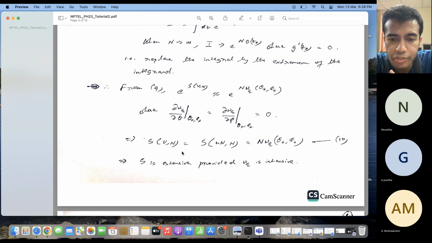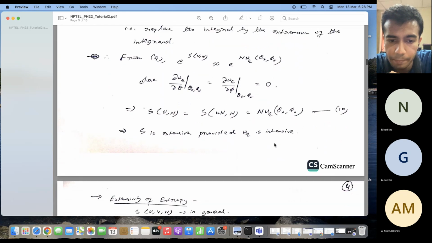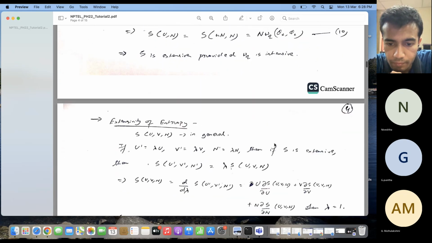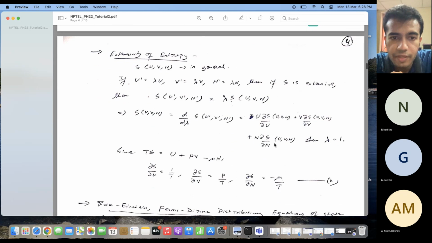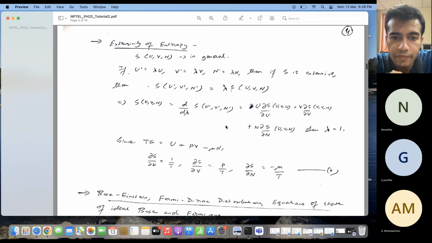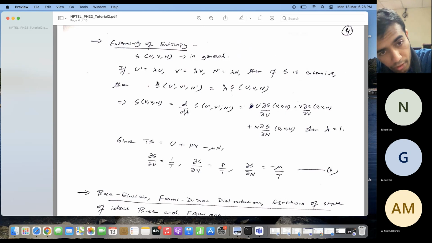And so this expression also tells us something which we had covered in the last class, that is the entropy is an extensive quantity, and it will be extensive only if w(q) is an intensive quantity. All right. So here is something which we had covered in the previous class about the extensivity of entropy. So I won't go through it again.